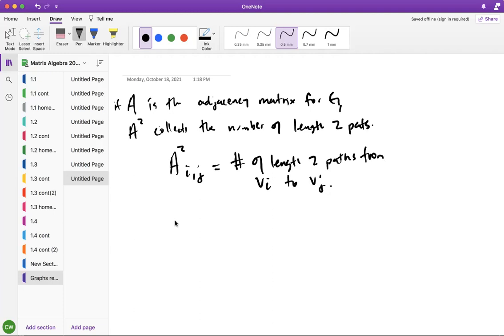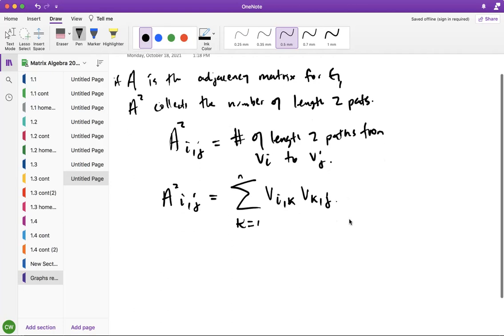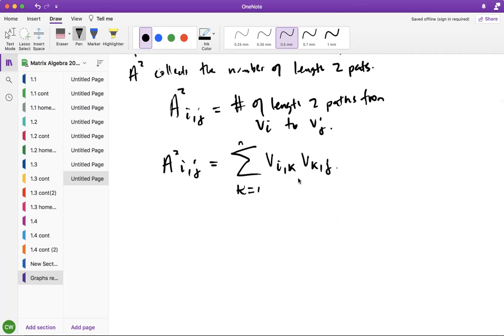And again, just to see that based on the math, it's the sum from k equals 1 to n of A_ik A_kj. You're looking at the adjacencies of Vi and the adjacencies of Vk.